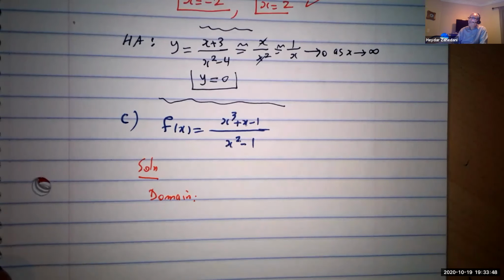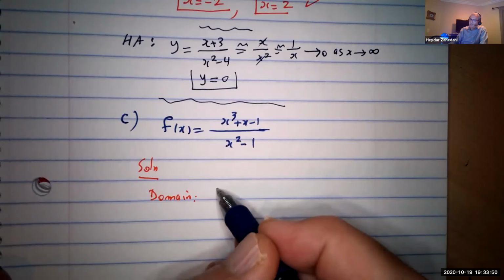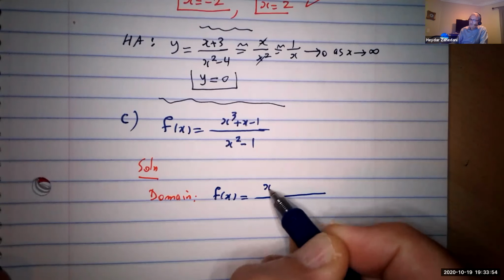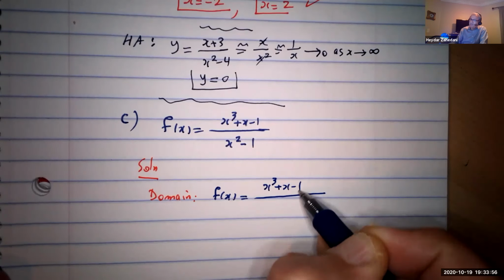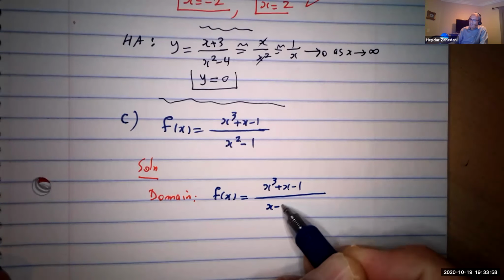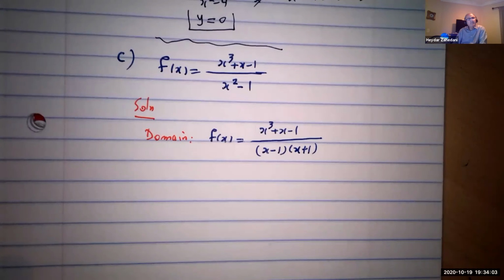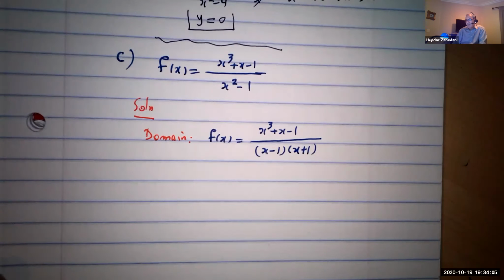You have to factor the denominator. So rewrite it, f of x equal to x cubed plus x minus 1 over x minus 1 times x plus 1. In 2 places, you get 0: x equal to 1, and x equal to negative 1.